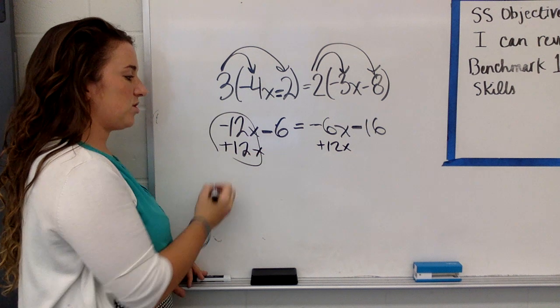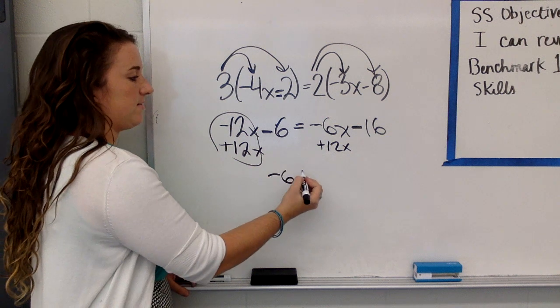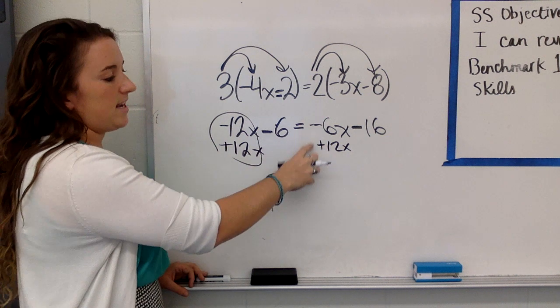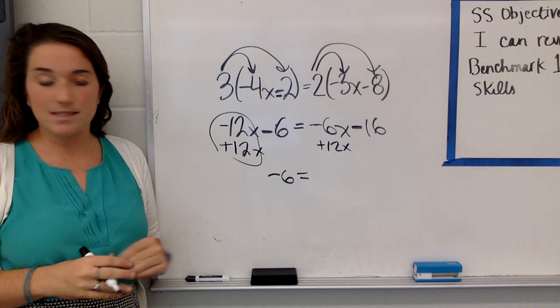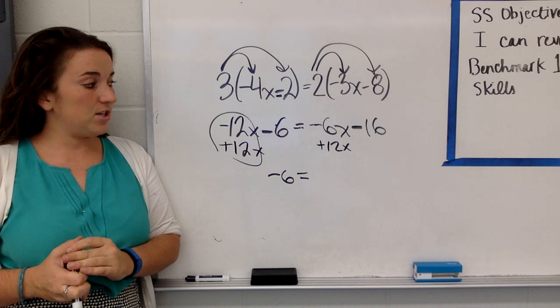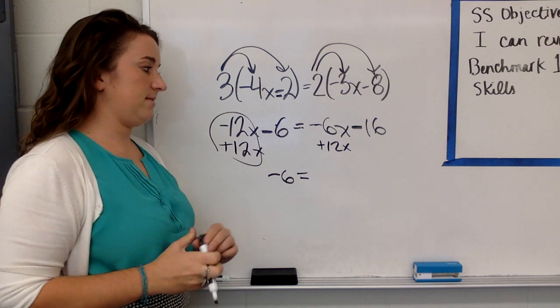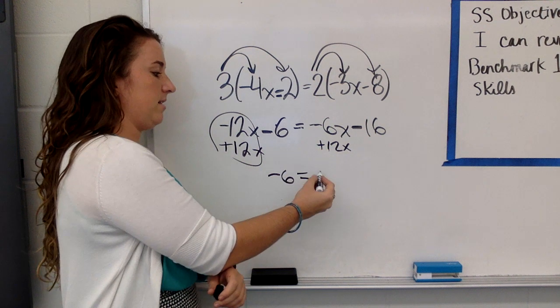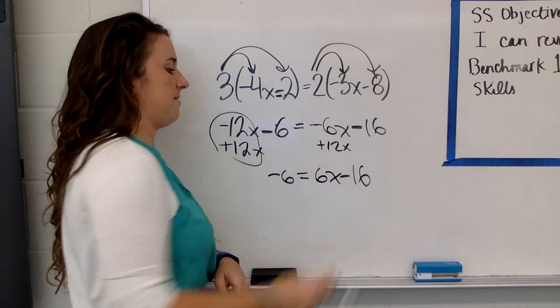Negative 12x plus 12x is 0, so I'm just left with negative 6. On this side, we have negative 6x plus 12x. Different signs. What do we do when there are different signs and we're adding integers? Subtract, and then is our answer going to be positive or negative? Positive, because the 12 is bigger. So it'll be 6x, keep the sign, minus 16.